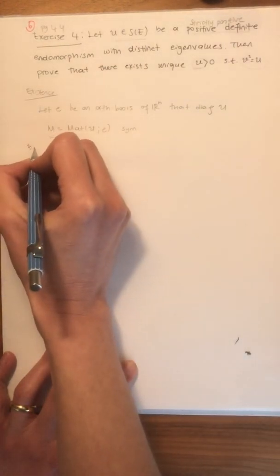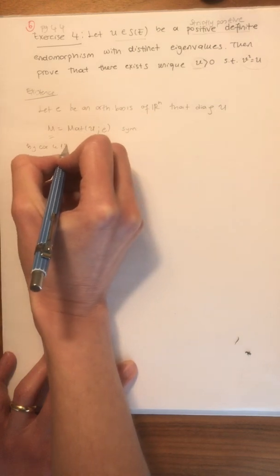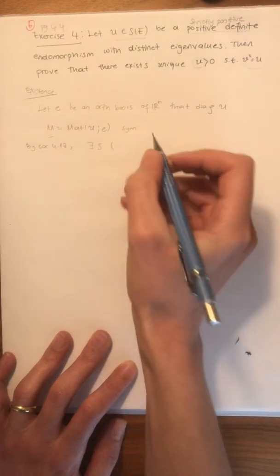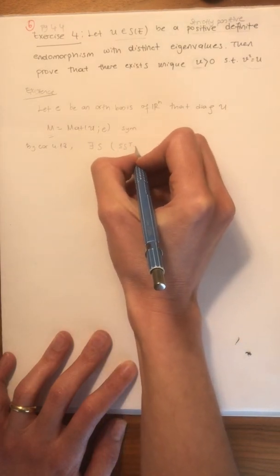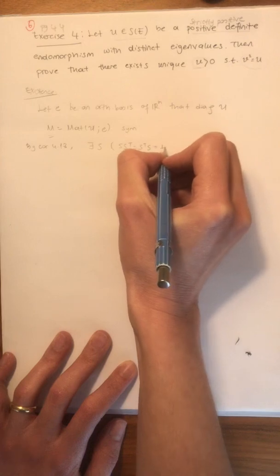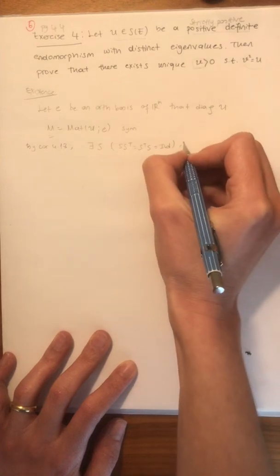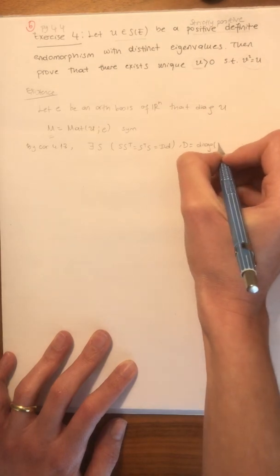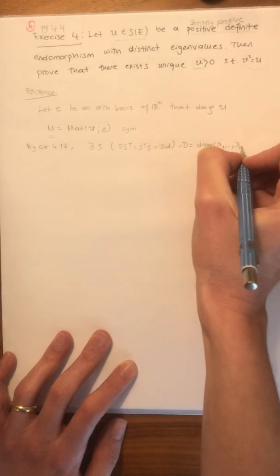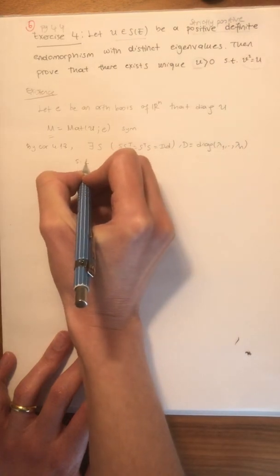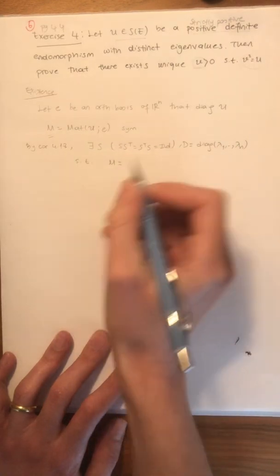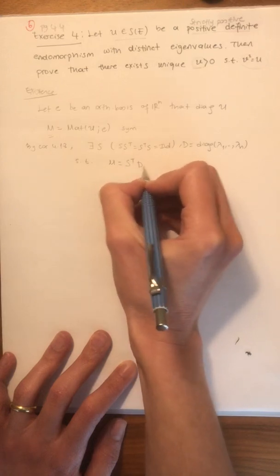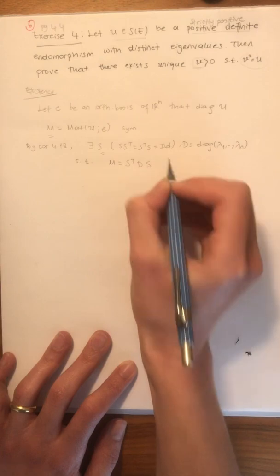And by Corollary 4.18, we know that there exists an orthogonal matrix S and a diagonal matrix D such that M can be expressed in terms of S and D.